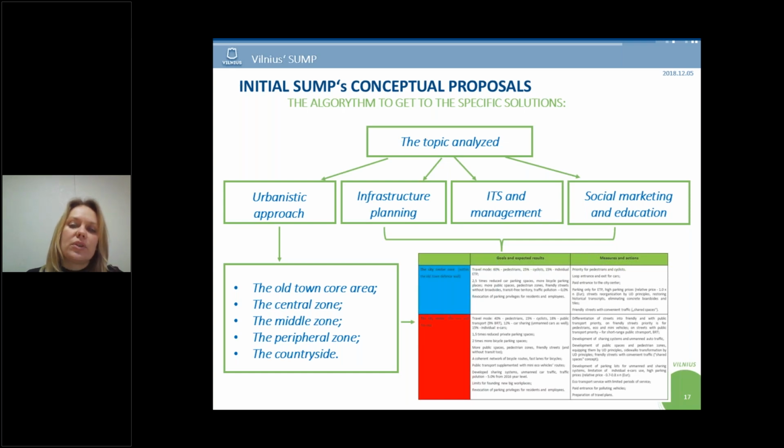So each topic was analyzed in those 4 approaches, and suggestions were given accordingly.